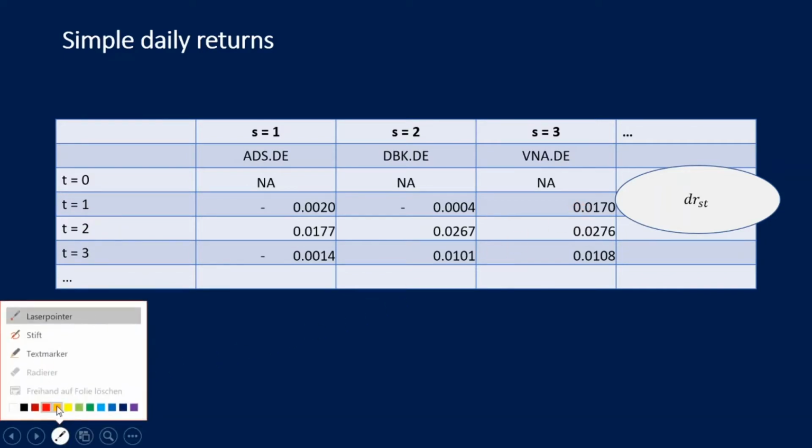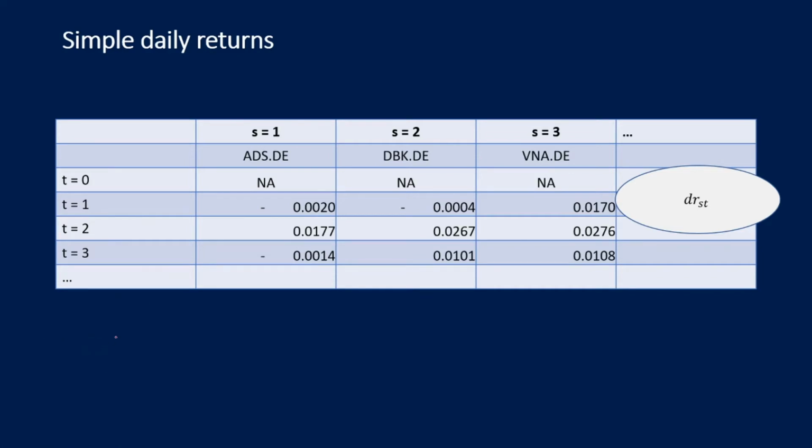Now, how do we calculate this return? Well, dr of stock S and day t is defined as the change in prices, so the price of, let's say today, of stock S and day t, minus the price of yesterday, so it's still stock S but t minus 1, and normalized or divided by P of s, t minus 1.